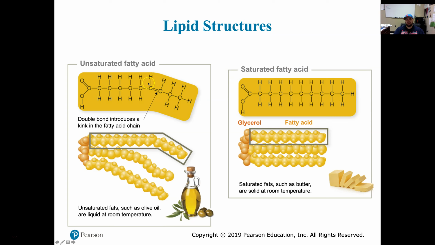If it's unsaturated, there is a double bond somewhere in the tail structure that forces it to bend in an odd direction, which means the tails cannot pack tightly together, which is why unsaturated fats are typically liquid, such as olive oil, peanut oil.